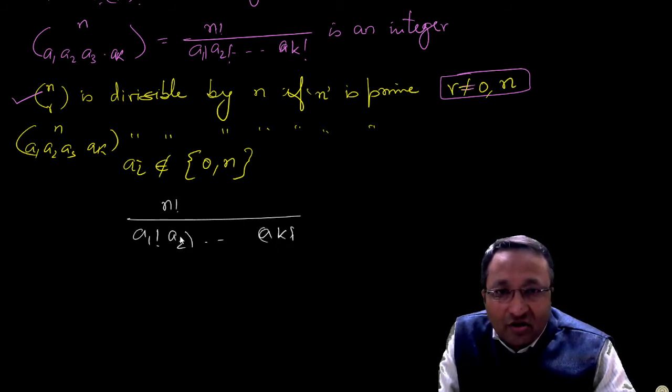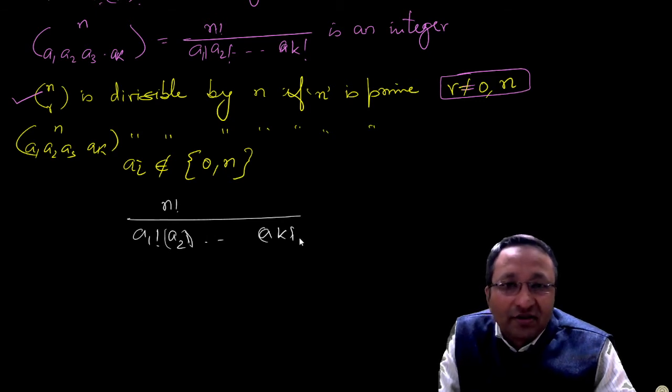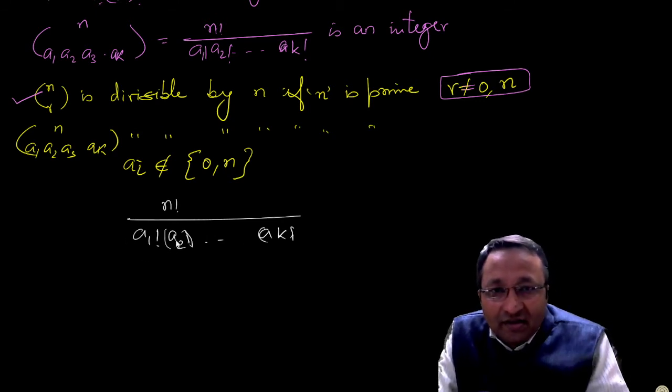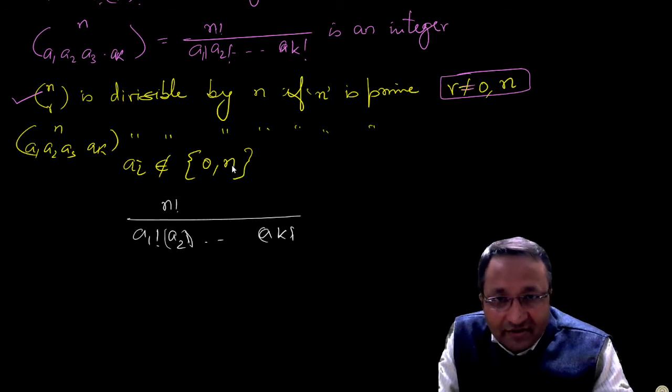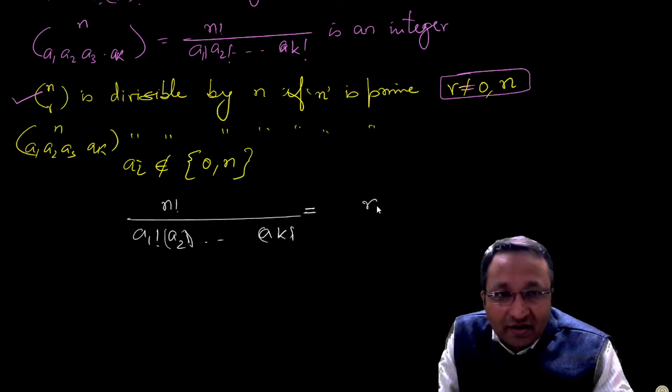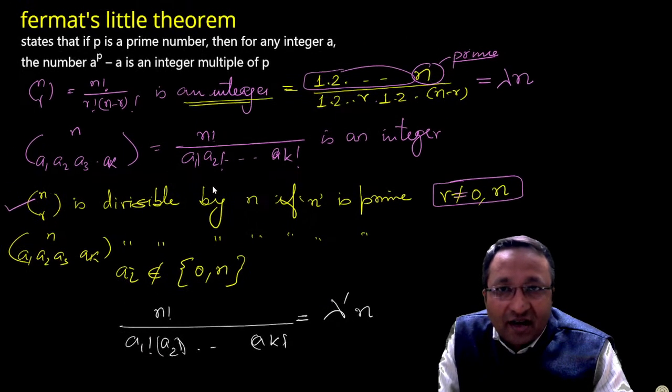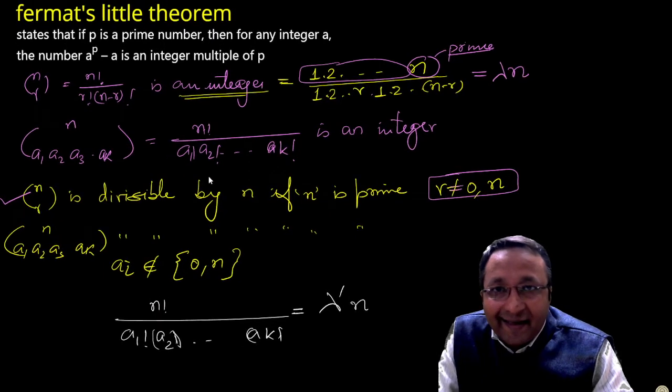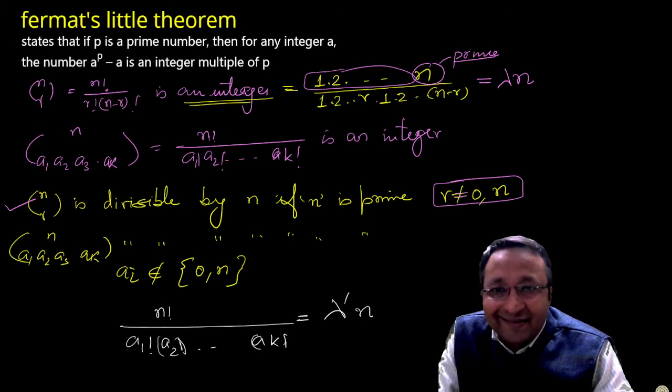None of these a1, a2 factorials will have either n or 0 because we have restricted that, and still this is going to cancel because it is an integer number of ways of arranging. So even this comes out to be some n times lambda dash. That means both of these coefficients are divisible by n if n is prime and we restrict n from coming in the denominator.